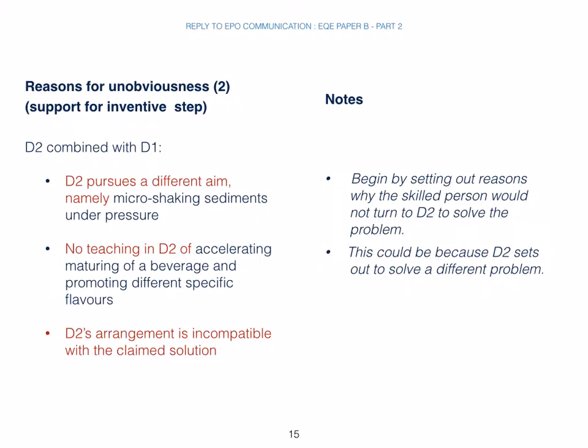D2 pursues a different aim, namely micro-shaking of sediments under pressure. There is no teaching in D2 of accelerating maturing of a beverage and promoting different specific flavors. D2's arrangement is incompatible with the claimed solution, and we continue over.